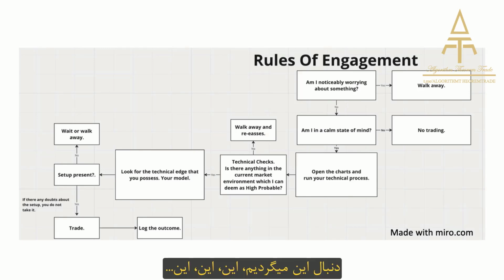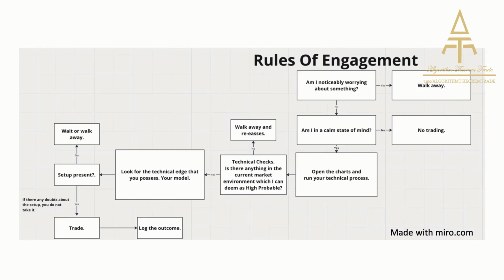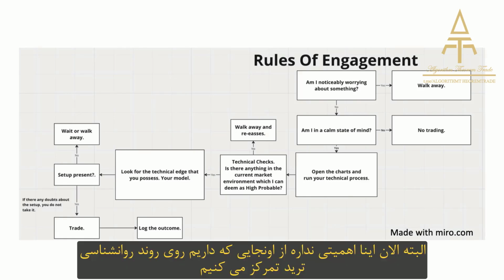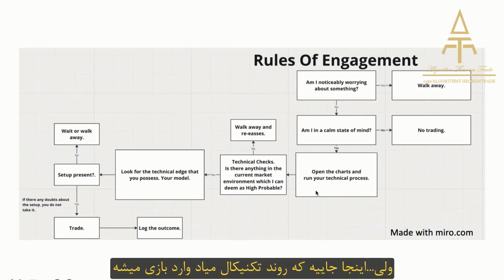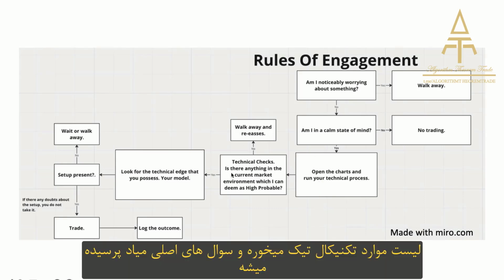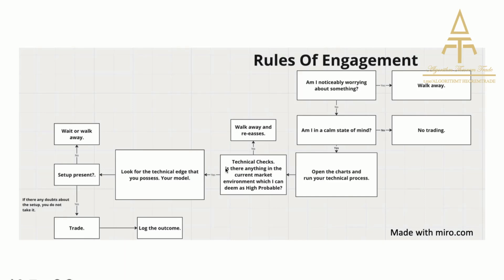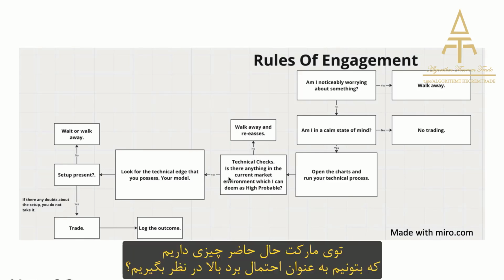Look for this. This is of course not important right now since we're focusing on the psychology, but this is where the technical process comes into play. The technical checks get made and the main question gets asked. Is there anything in the current market environment which I can deem as high probable?